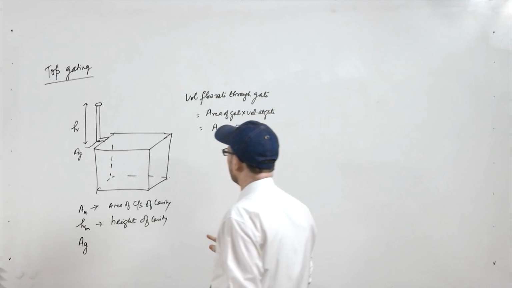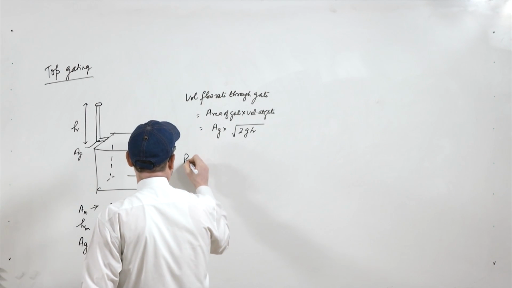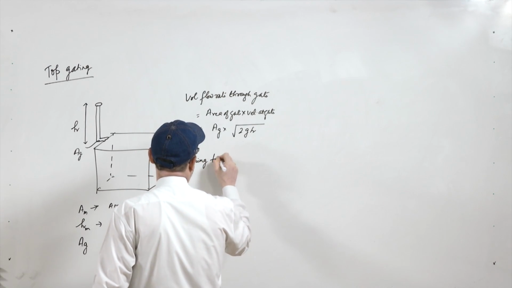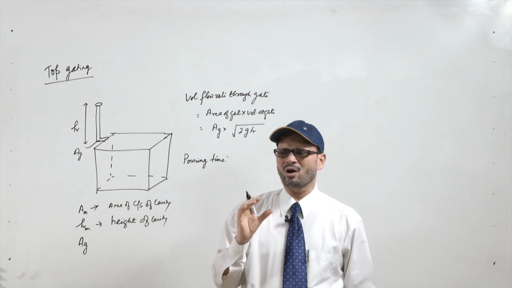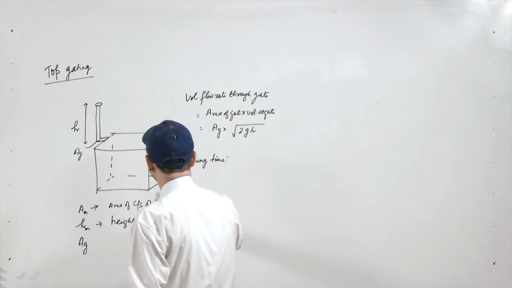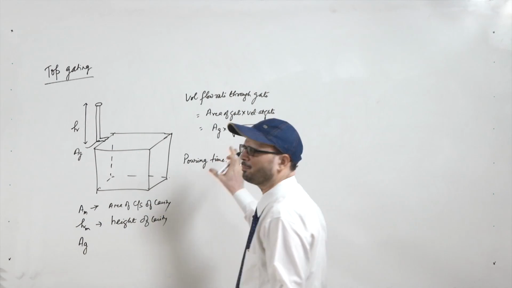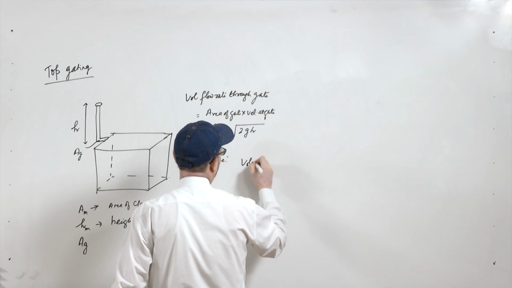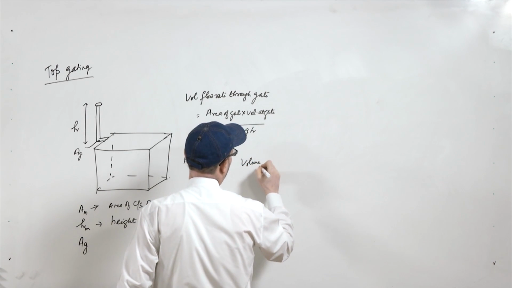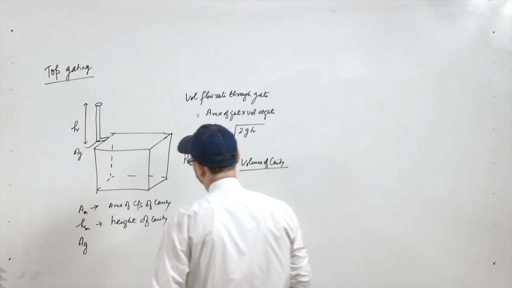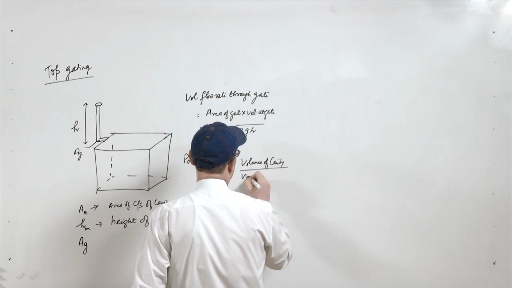So, the pouring time can be found by dividing the volume of the cavity by the volumetric flow rate. So, it will be the volume of the cavity or mold divided by the volumetric flow rate.